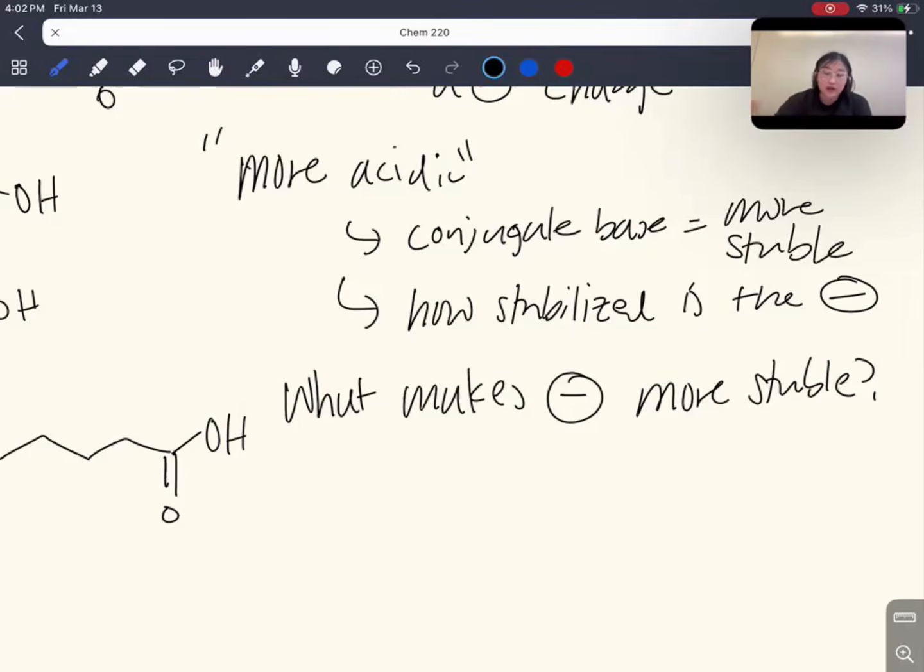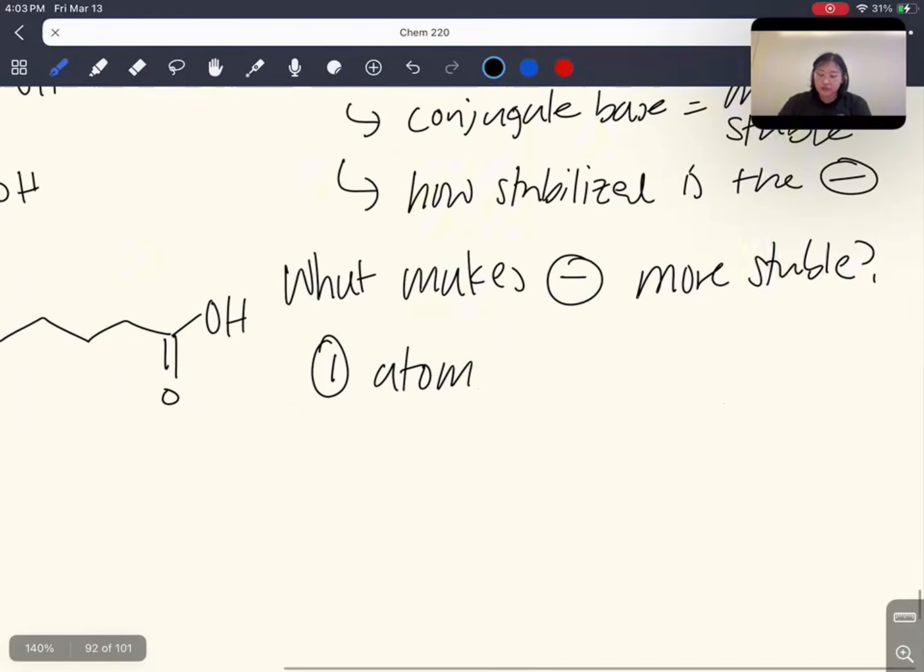There are four main ones, and there's a ranking for the importance of them, right? And so I'm just gonna go over the top three that are relevant for this question. The first one is what atom is the minus charge located on? So the atom, right?